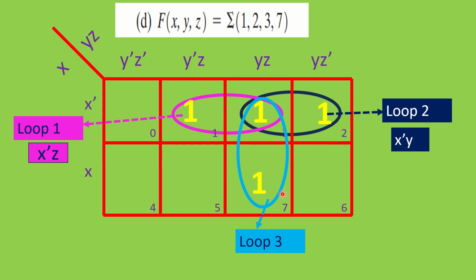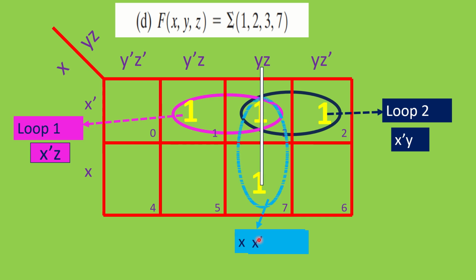Now we move on to the third loop. This third loop combines the third cell and the seventh cell. The seventh cell covers the x variable row wise, so it can be placed here. And the third cell covers the x' variable row wise, so it is placed here as x'.